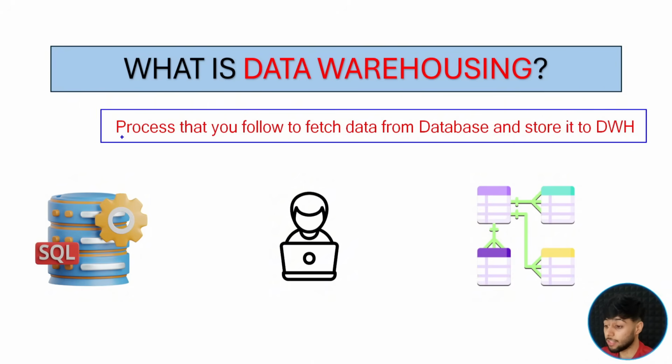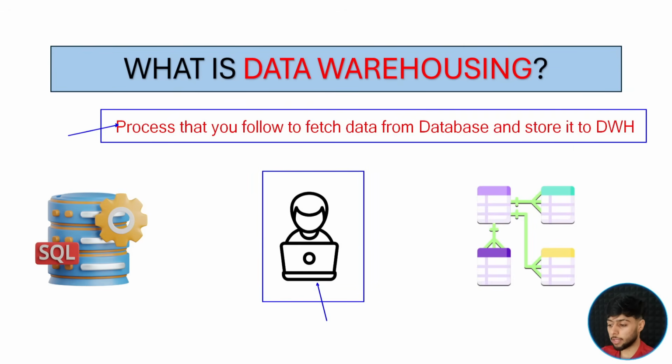Data warehousing is the process, and it is you who is pulling the data and storing it in the data warehouse. How? We just discussed, with the help of ETL. So you are applying ETL logic to pull the data and store it in the data warehouse. So this is a data engineer.